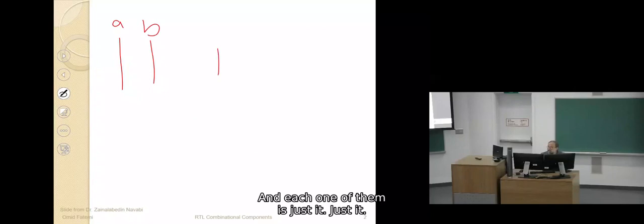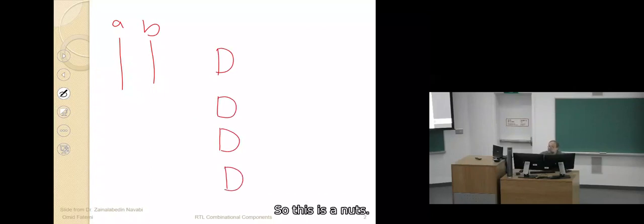Circuit. So we have 2 inputs. Let me write it vertically, it is better. We have 2 inputs, A and B, and then we have 4 outputs, and each one of them is an AND. And this is A0, and this is B0. So the first one, O0, was A0 B0.